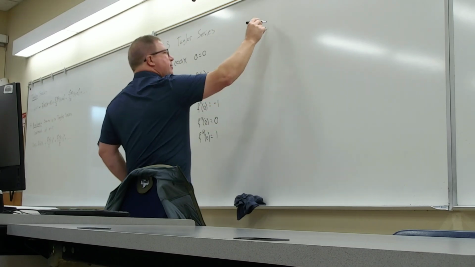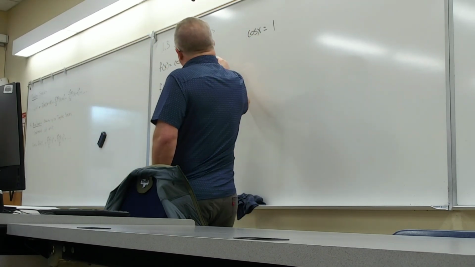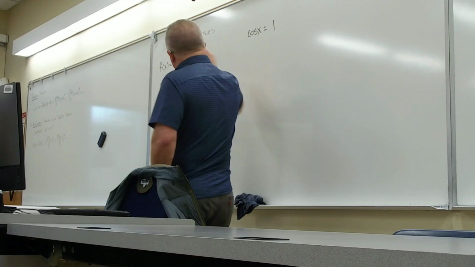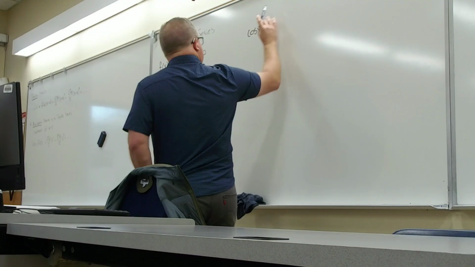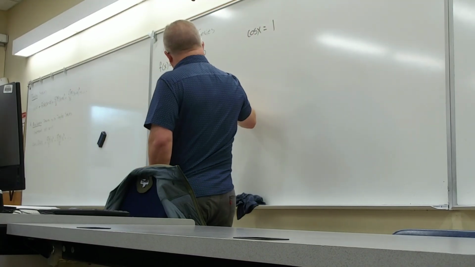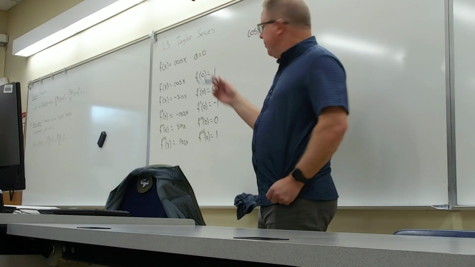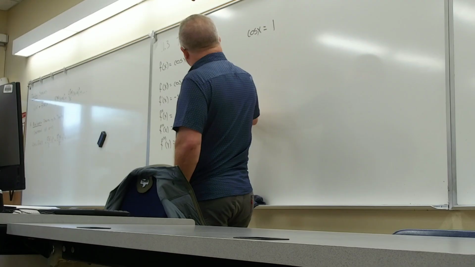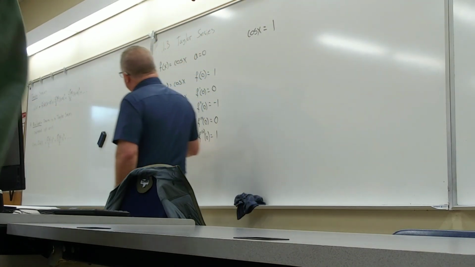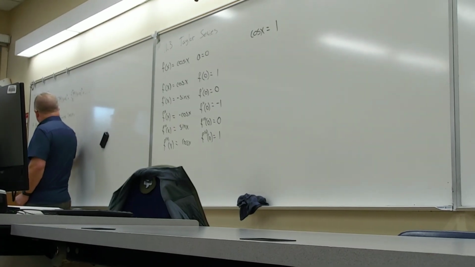Come on, Mr. Reimer. 1, I was right the first time. So that's your first term. f prime of 0 is 0, so we'll leave that one out, because 0 times whatever else we have there will be 0. And f double prime, good morning, f double prime of 0 is negative 1, so now we're going to have negative 1/2.